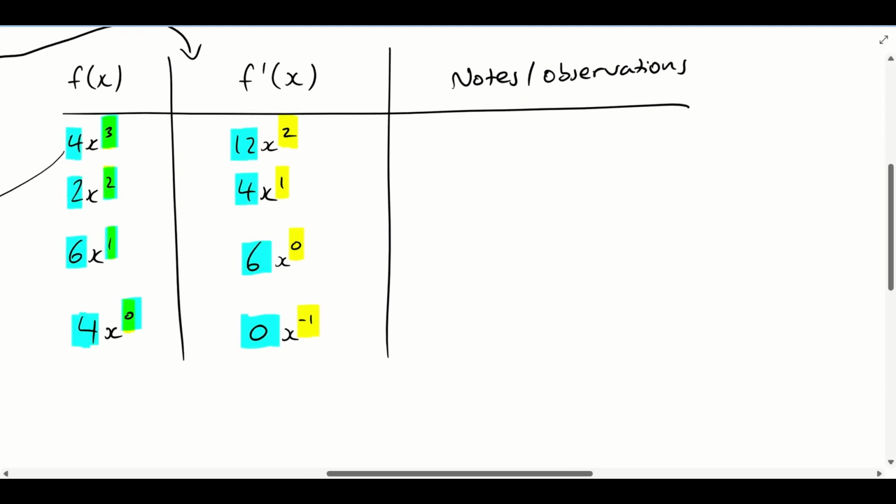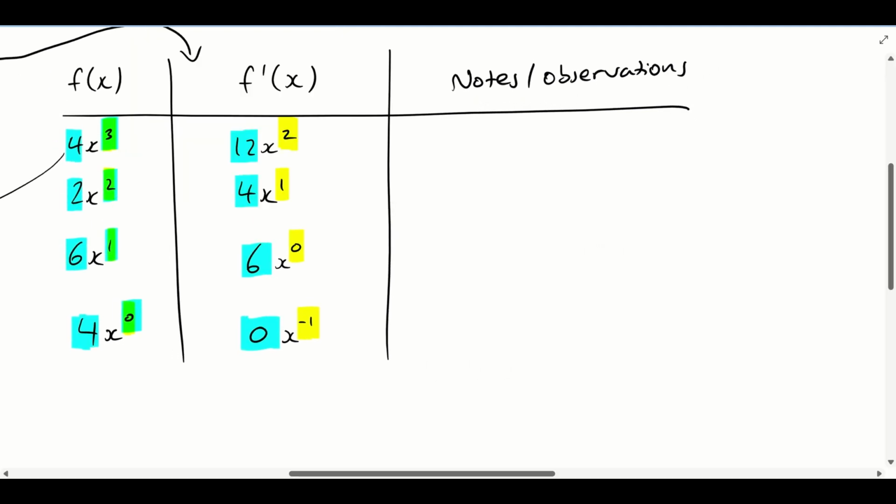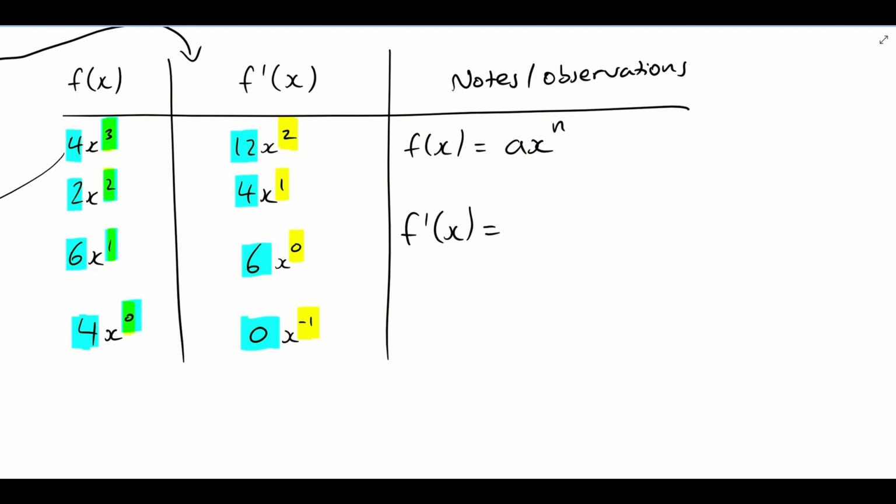So our notes and observations are, if we have a general formula for f of x, so if f of x is equal to some constant, let's call it a, multiplied by x to the power of some number n, then the derivative is going to be the product of a and n, the bits that we highlighted in blue over here.